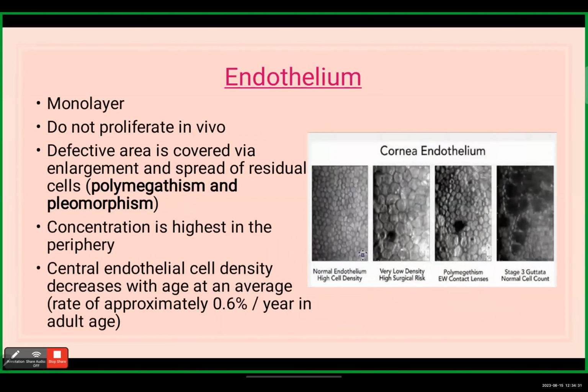The endothelium is the thinnest layer and generally it does not proliferate. It generally secretes the Descemet's layer continuously throughout life, but it itself does not regenerate. The defect is generally covered by enlargement of the existing cells, known as polymegathism, and this leads to irregularity in their shape, known as pleomorphism.